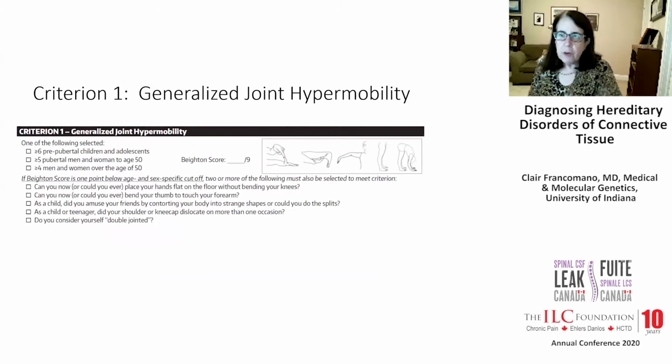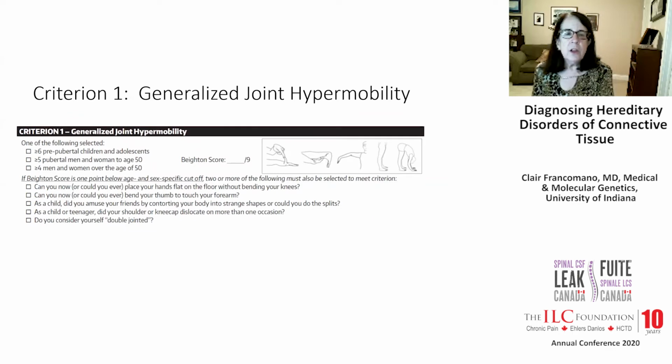There are three criteria for diagnosing hypermobile Ehlers-Danlos syndrome. The first is generalized joint hypermobility, and we use a scale called the Beighton scale to assess for it. The Beighton scale is a 9-point scale. It looks for hypermobility at the base of the fifth finger, at the wrist, the elbows, the knees, and in the spine.